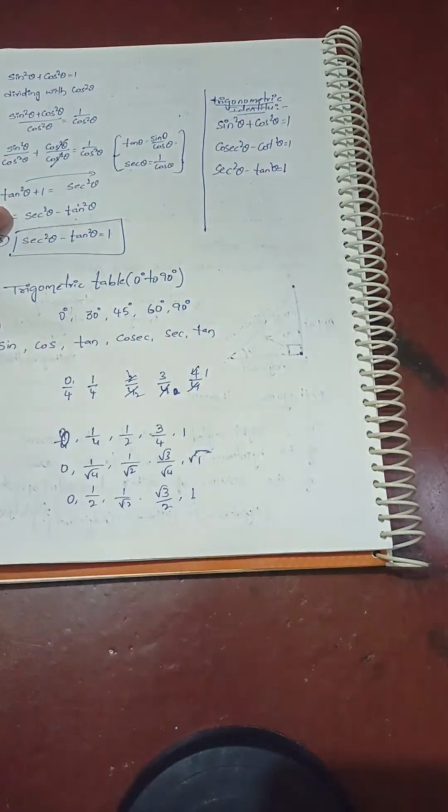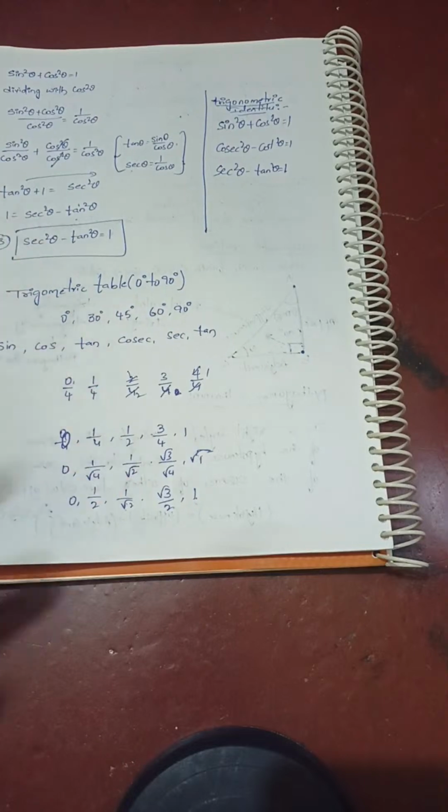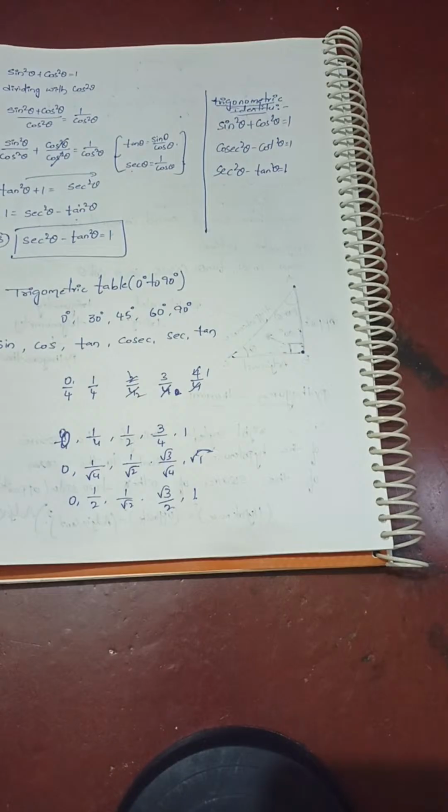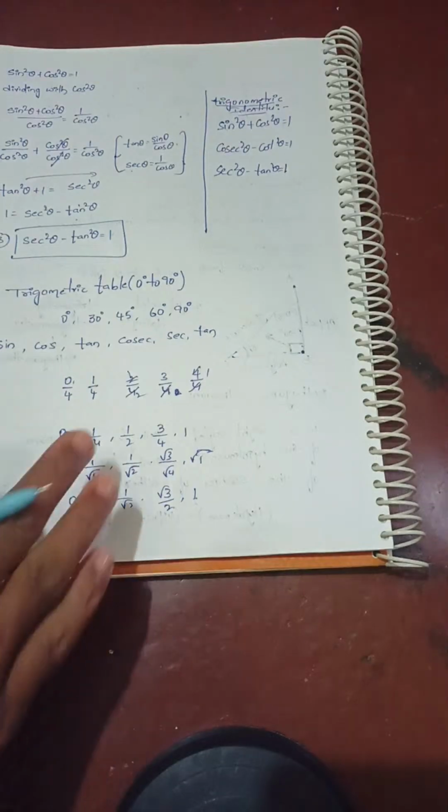First we are taking the values 0 to 4, then we are dividing with 4, then we are multiplying with roots. These are the answers we are getting.